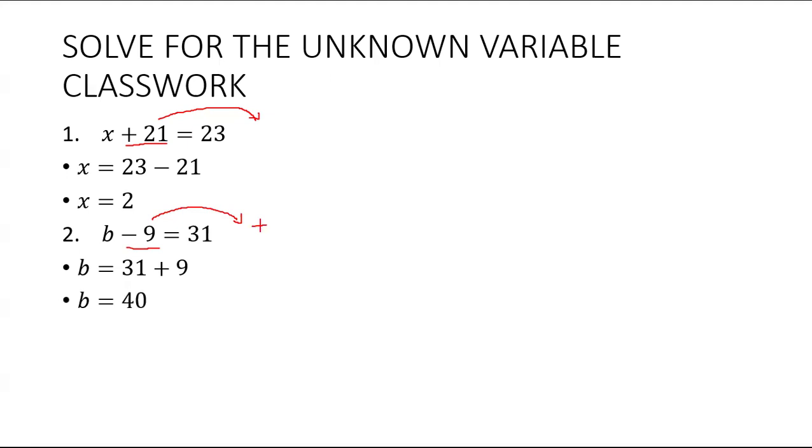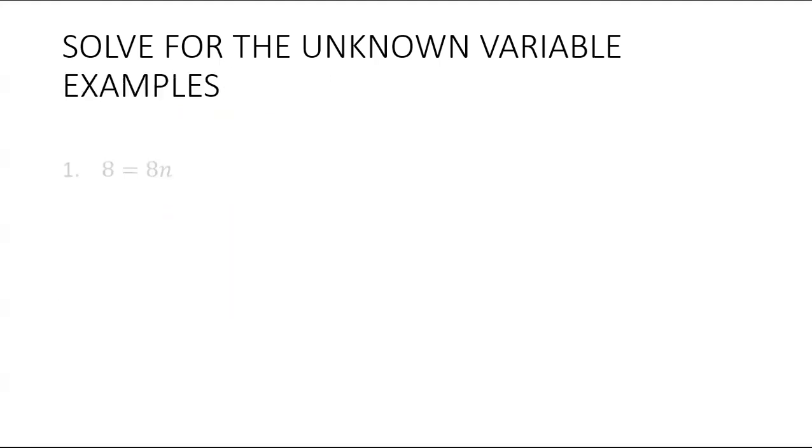Let's do more examples. What happens when you just have 8 is equals to 8n and you want to solve the variable? To solve the variable, where you're only given the variable and the coefficient being equal to a certain value, you will need to divide both sides by the coefficient of the variable.